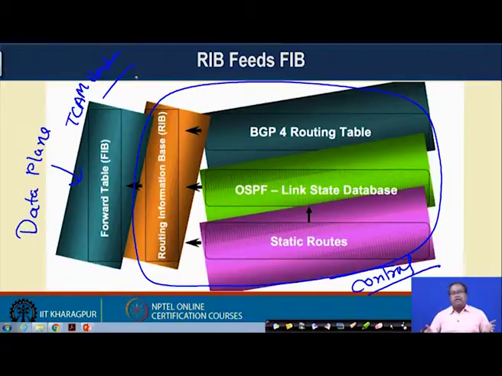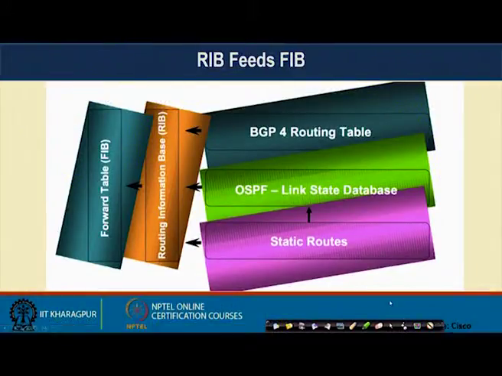So, again repeating this entire procedure: whenever you receive a packet, first you extract the IP header, and from the IP header you extract the destination IP address. Then you use the TCAM hardware to make a match with the forwarding information base. If the information is already there, you then use the switch fabric to copy the packet from the input interface to the output interface.